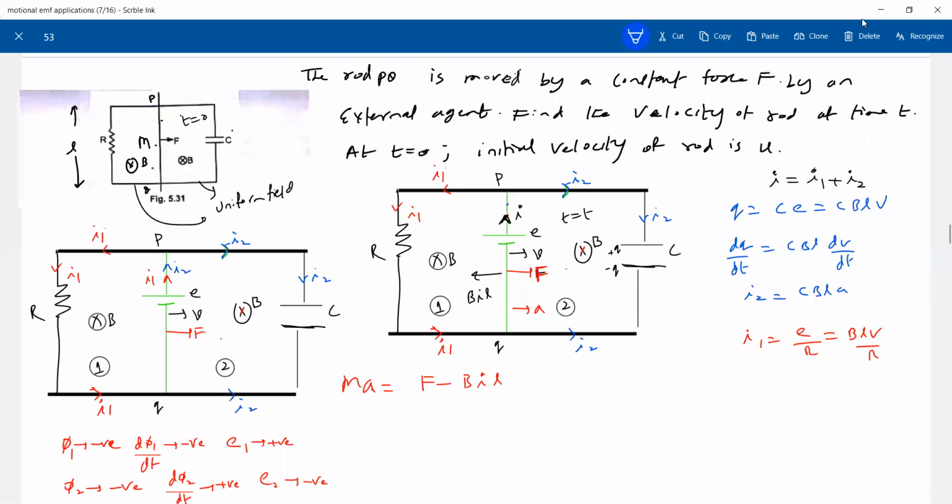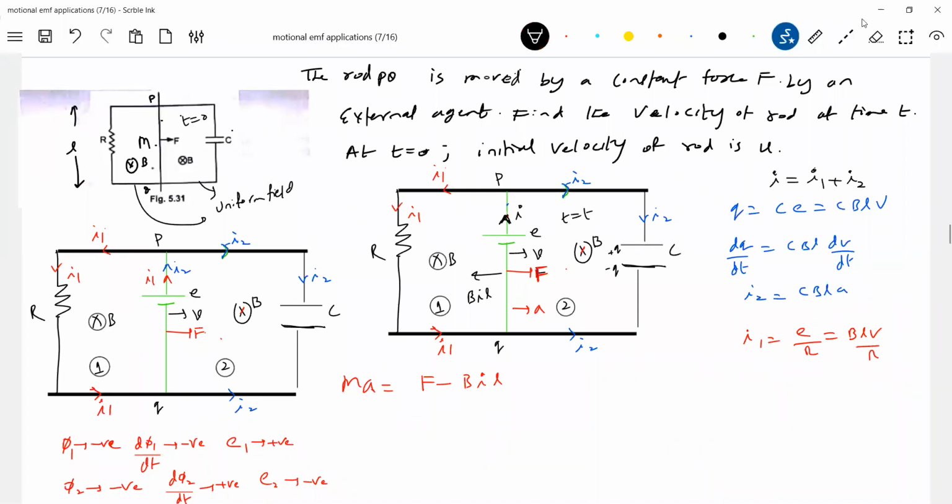So therefore now, what is I equal to? I1 plus I2. So BLV by R plus CBLA. So this I'm going to substitute here. MA equal to F minus BLI.